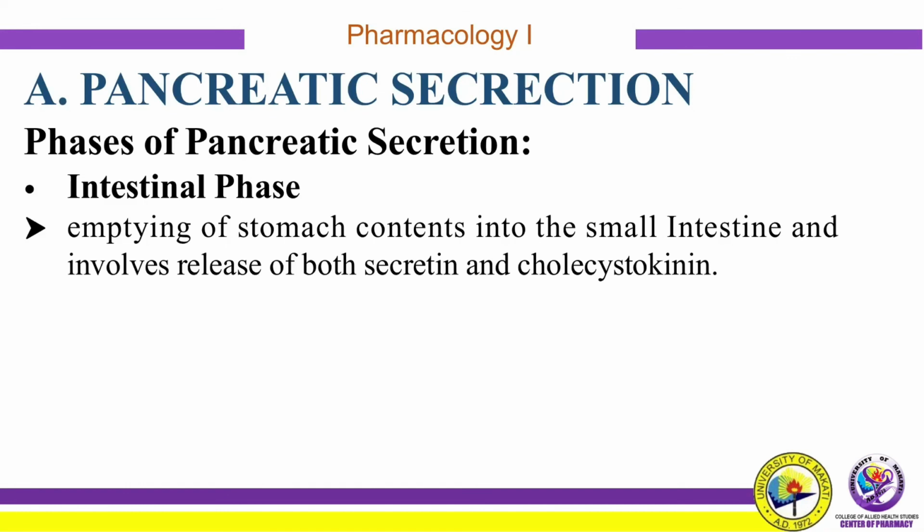And last is the intestinal phase. This phase is initiated by emptying of stomach contents into the small intestine and involves release of both secretin and cholecystokinin, which stimulate pancreatic ductal cells to synthesize aqueous sodium bicarbonate solution.